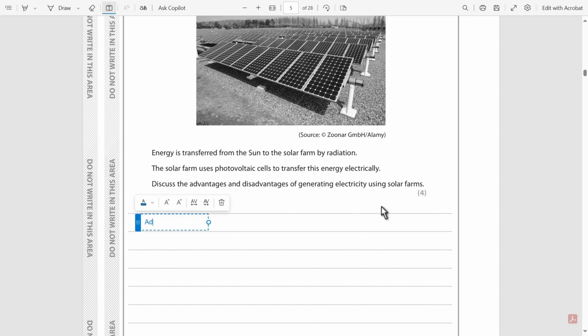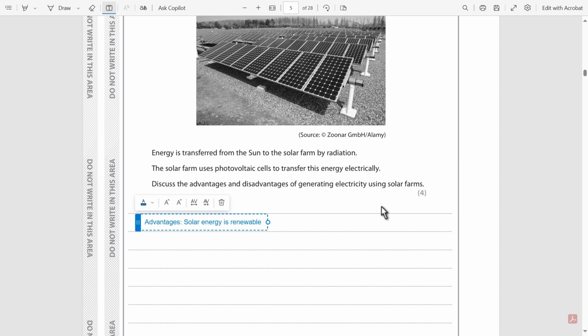Advantages. Let's give all the points, guys. So it is renewable. Solar energy is renewable, at least for many more years, till the sun explodes. But we don't really need to talk about that. It would just expand, engulf us, and then turn into a white dwarf. But you get my point.